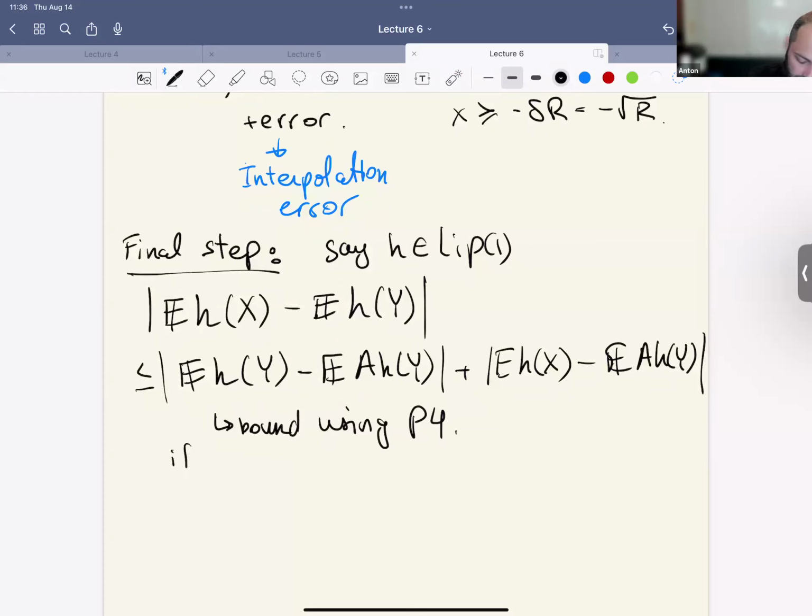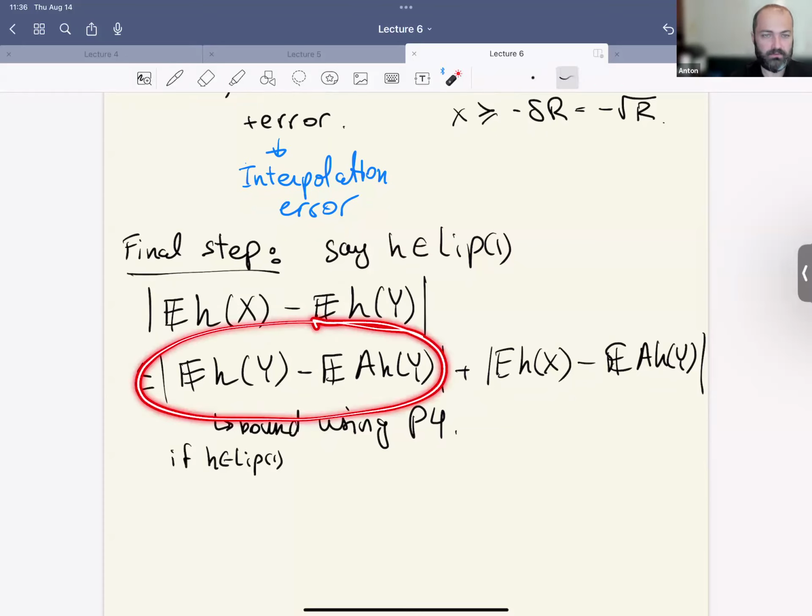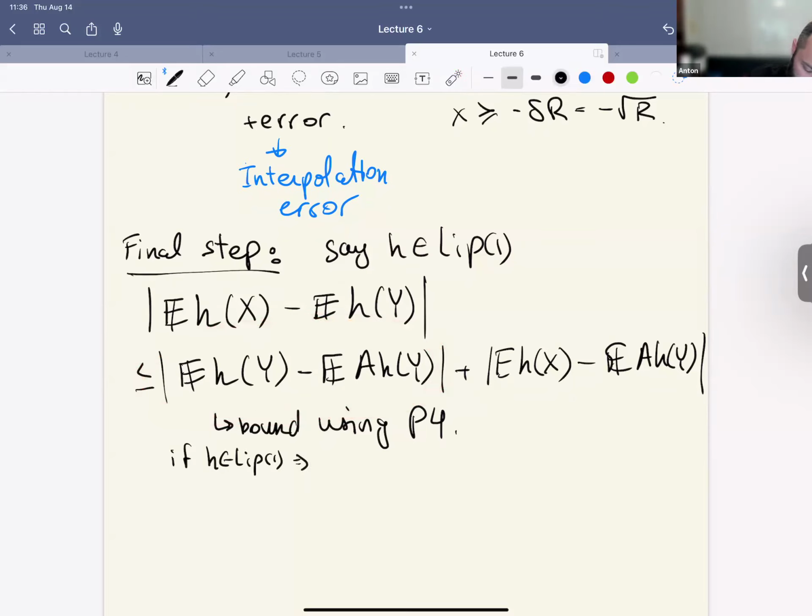Now, if h is Lipschitz 1, meaning let's say h is just C1, property number 4 is going to give you an upper bound on this of order delta. Just delta. Therefore, order delta bound.